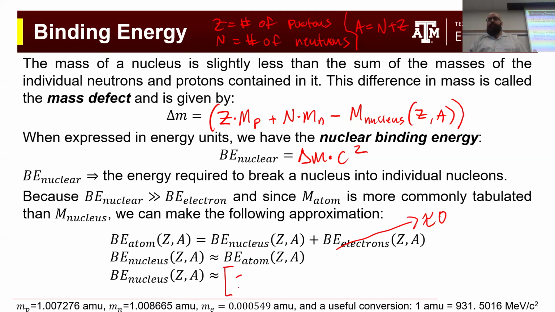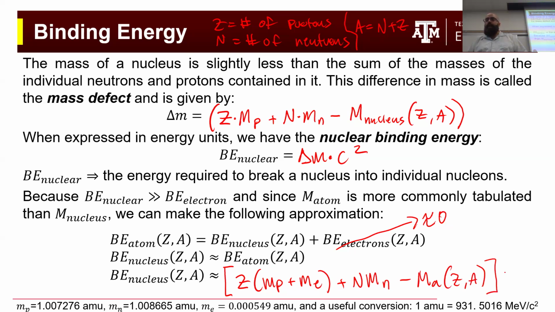We're basically doing Z times the mass of the proton plus the mass of the electron, plus the number of neutrons times the mass of the neutron, and then minus the mass of the atom, which is going to depend on its Z and its A. If we take this as effectively the mass defect for the atom, and multiply it by c squared, that is approximately going to give us the binding energy of the nucleus.